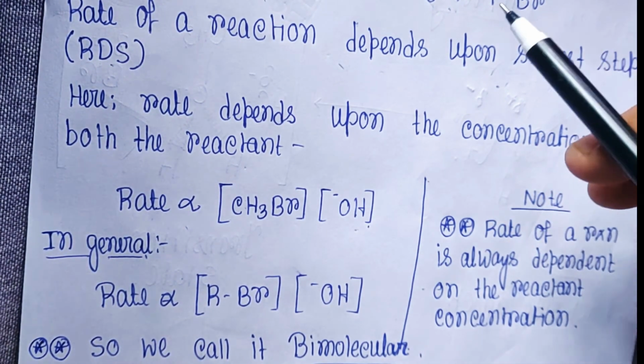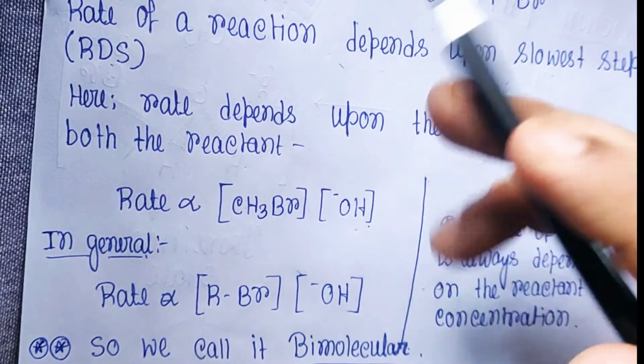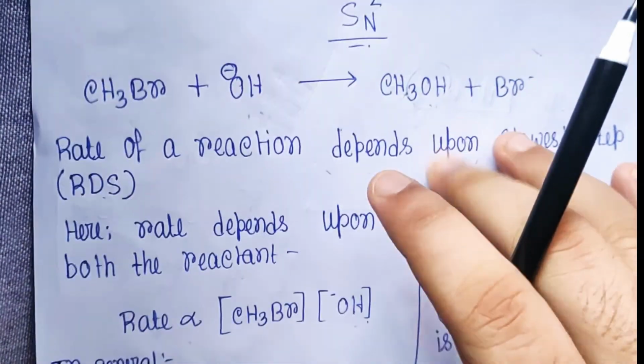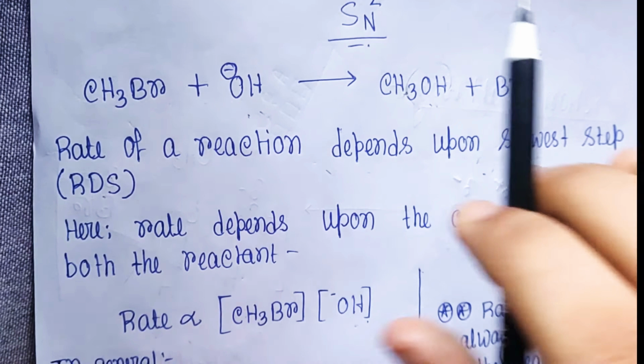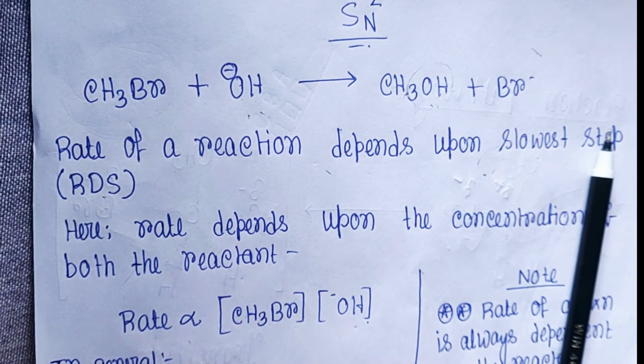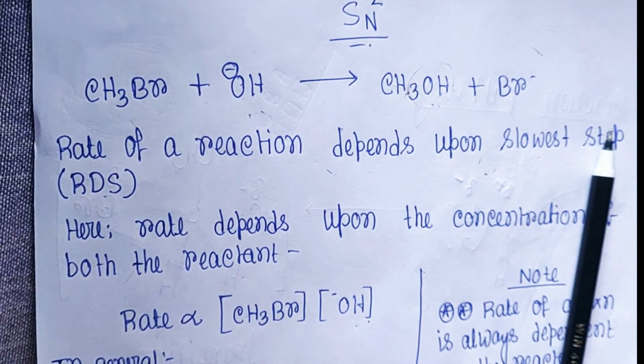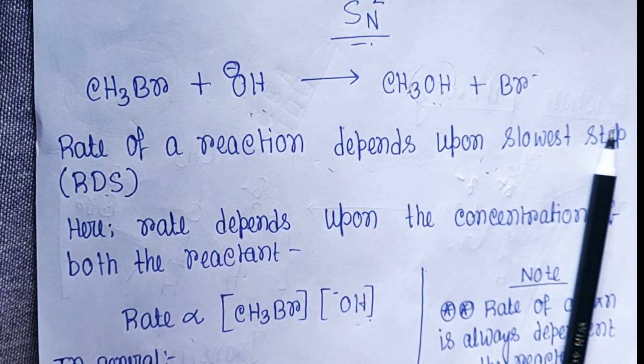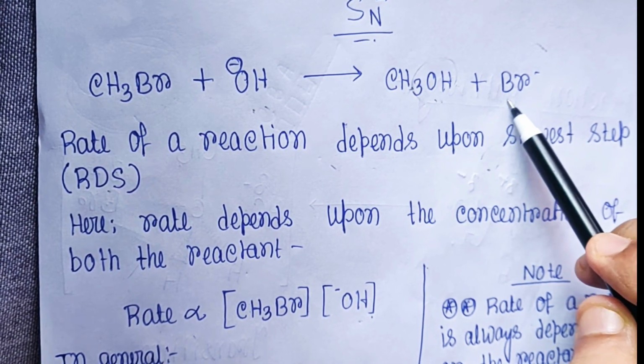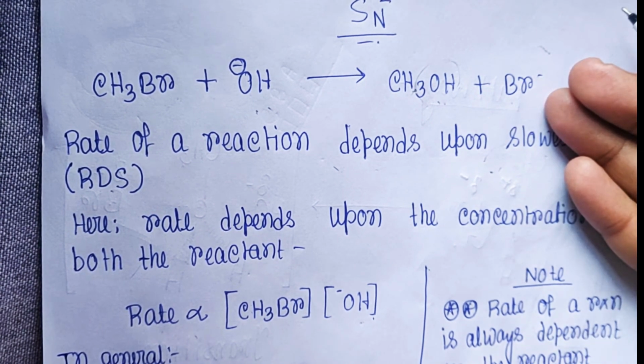Now, for this type of reaction, this is the only step. There are two types of reactions: single step and multi-step. This one is single step, so this is the rate determining step.